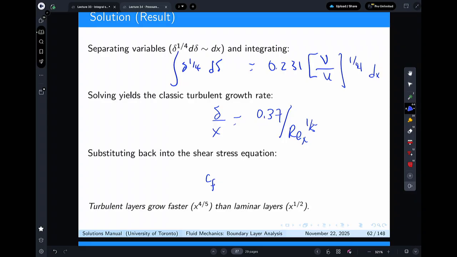Substituting it in, you get tau at the wall over 1/2 rho u squared, which is 0.058 over Reynolds number based on x to the 1/5. Any questions?